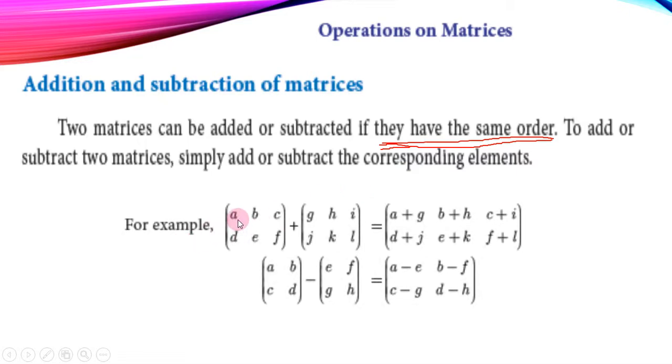Look here, A, B, C, D, E, F, the first matrix, and the second matrix G, H, I, J, K, L. When we add, it is a 2 cross 3 matrix. This is a 2 cross 3 matrix, and this is also a 2 cross 3 matrix.